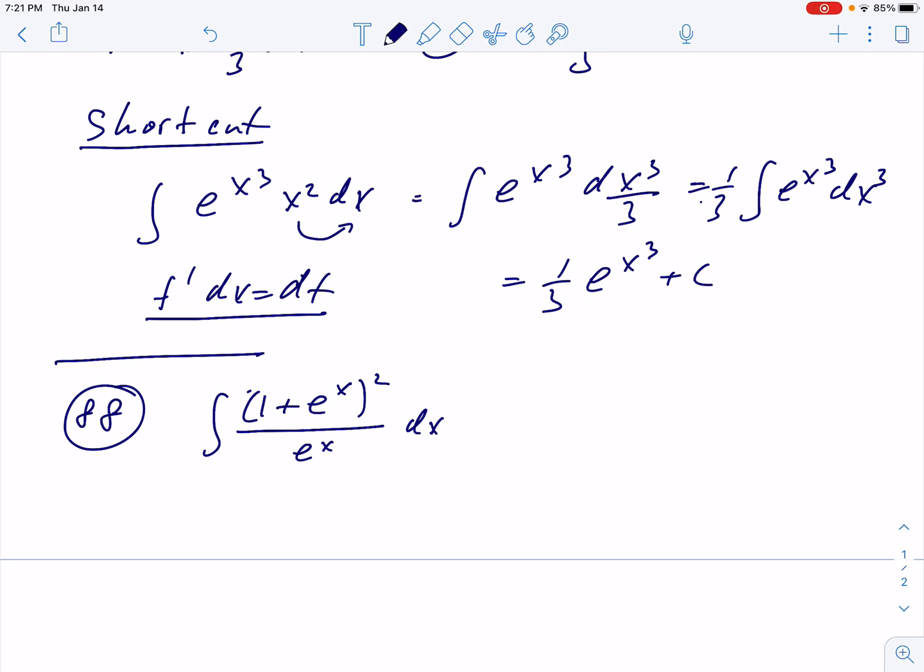Replace this thing in the square by a new letter. And let's see how this works. Let's say u equals 1 plus e to the x. Then du will be e to the x dx, that's all. dx will be du over e to the x.